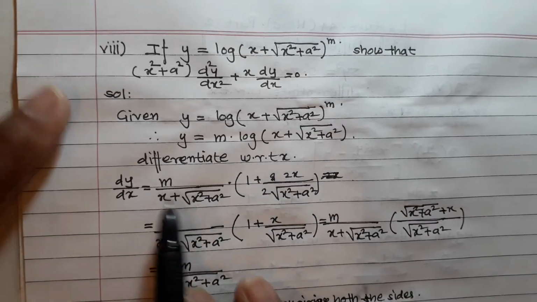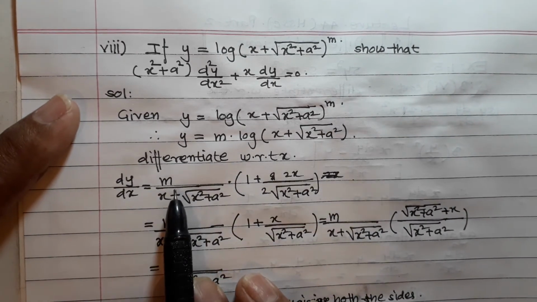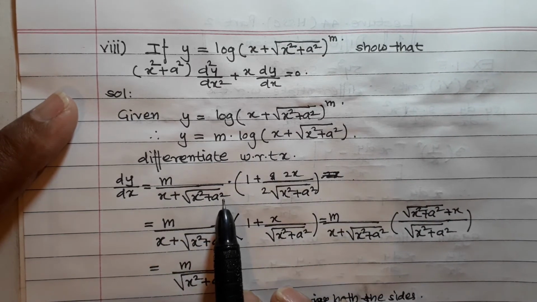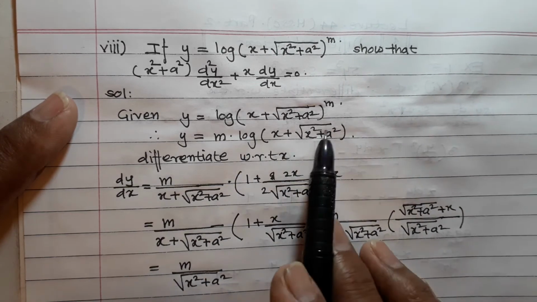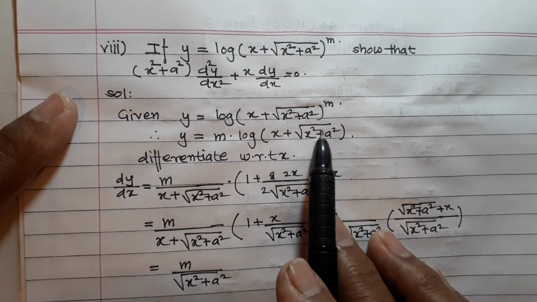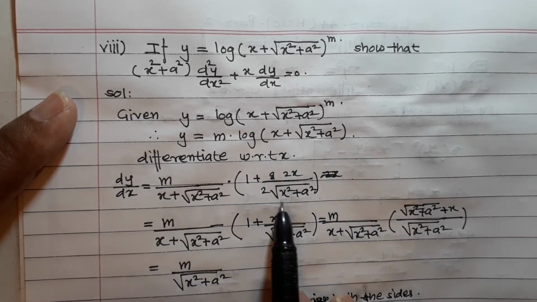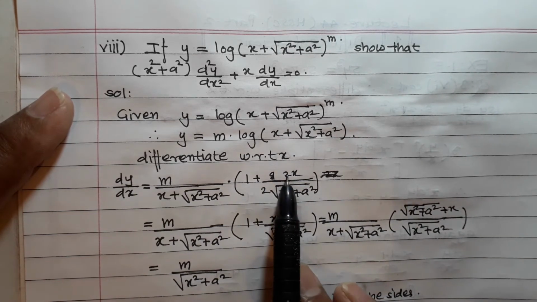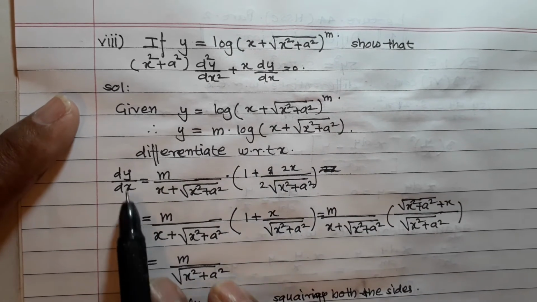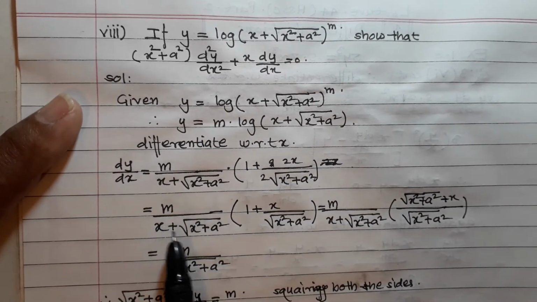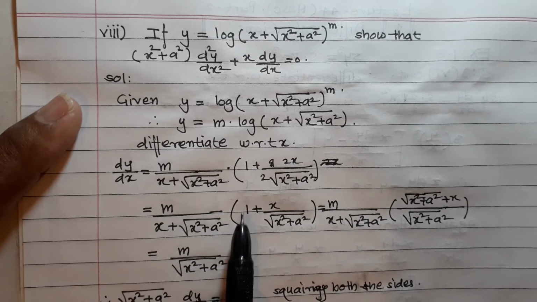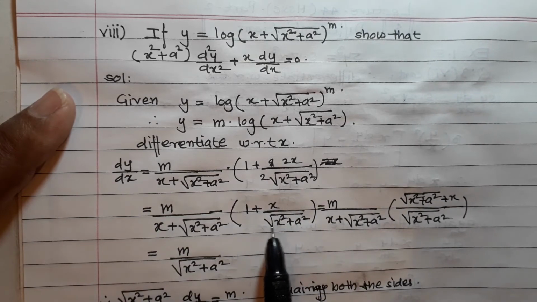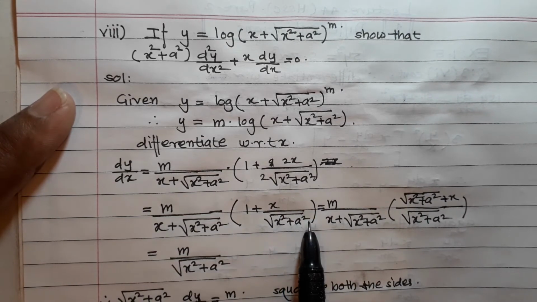Differentiate with respect to x, dy dx is equal to m into derivative of log x plus root x square plus a square, into derivative of this 1 plus derivative of this 1 upon 2 root x square plus a square, and derivative of x square plus a square is equal to 2x. So dy dx is equal to m upon x plus root x square plus a square into 1 plus x, these 2 and these 2 get cancelled, x upon root x square plus a square.